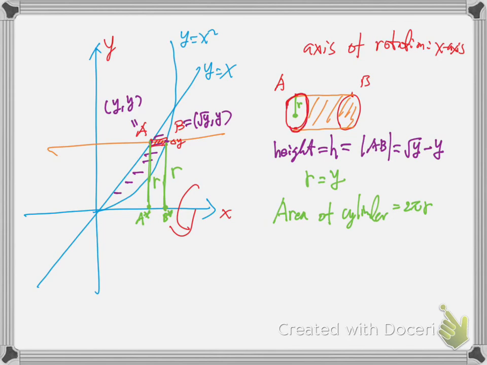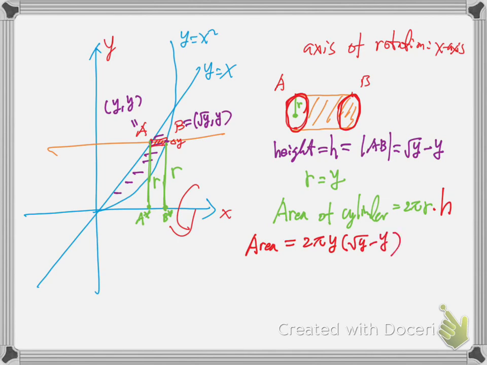You can choose the top or the bottom circle, the circle for A or B. They're the same length, and then times the height, h. That's the area. For this particular case, the area is 2 pi y times radical y minus y.